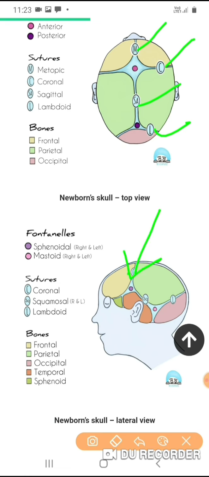This coronal area is also seen from the top view of skull, and the other finding of the suture area is squamosal suture, that is a paired suture line from right and left.